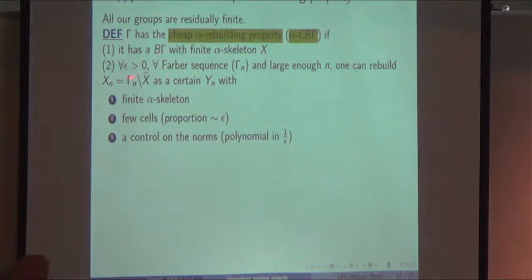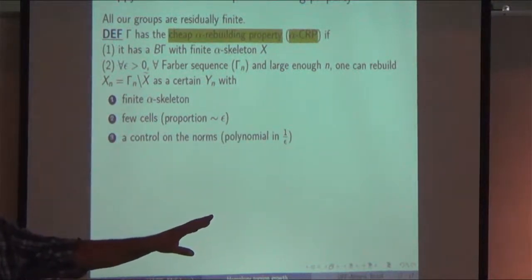And second, for every positive epsilon and every Farber sequence, for large enough n, we can rebuild the intermediate cover X tilde mod gamma n using few cells, using a Y n which has a finite alpha skeleton, which has a proportion about epsilon of cells compared with that of X n.